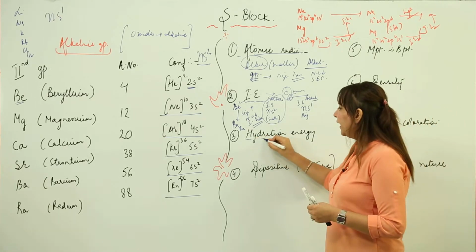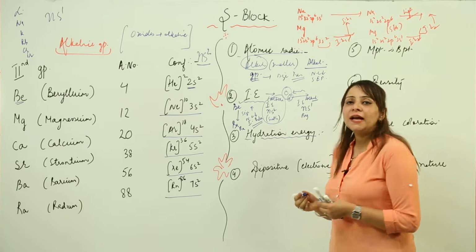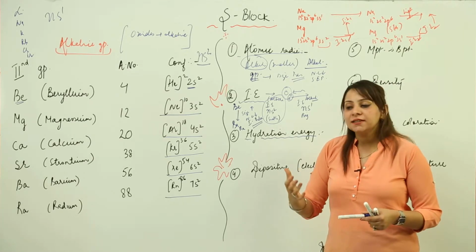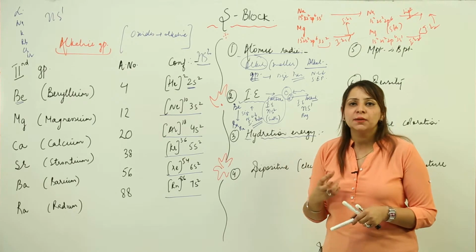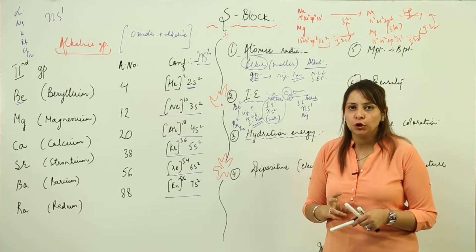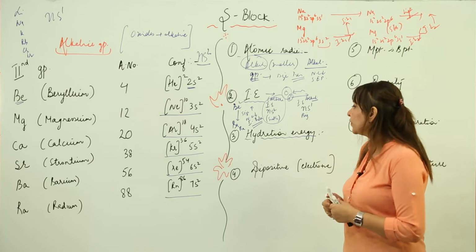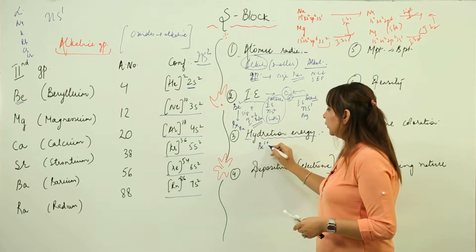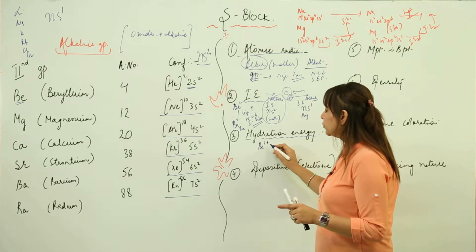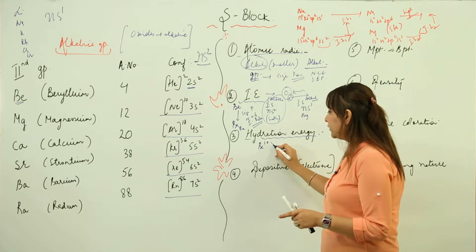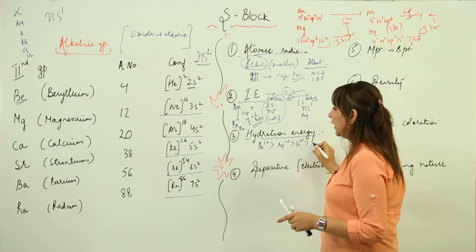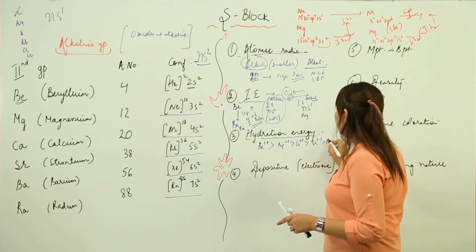Third we have is the hydration energy. We know that the smaller the size, the more easily it is hydrated, and the more it is hydrated, the less is the mobility. We already discussed this in the S block also, the first group also. So we have seen here that if we compare them, beryllium is going to be more hydrated as compared to magnesium, calcium, strontium, or the rest of the members.